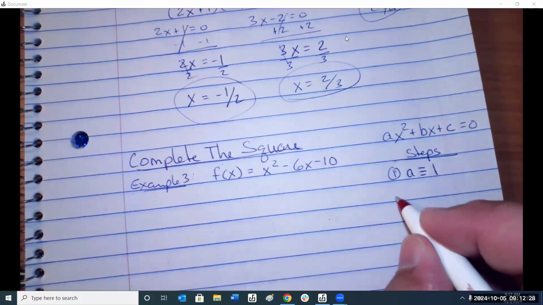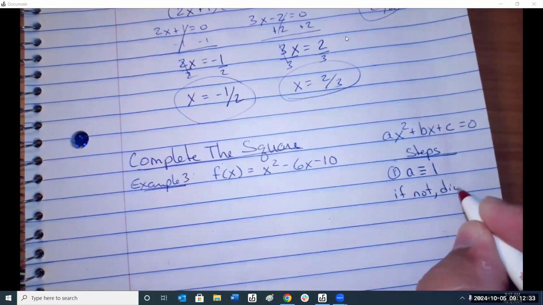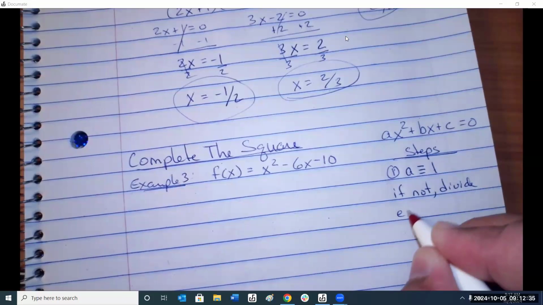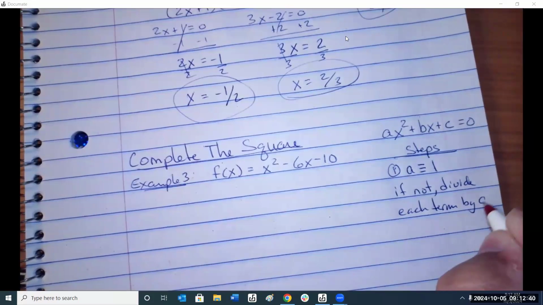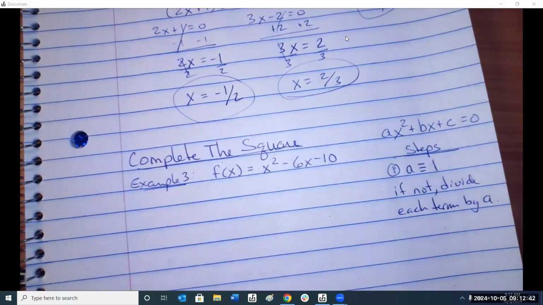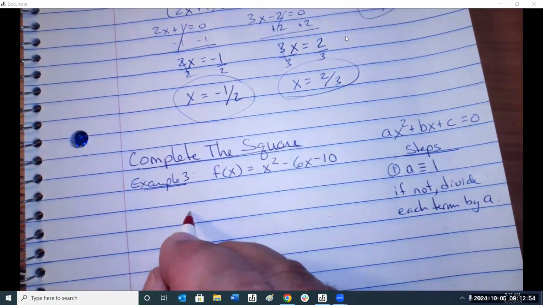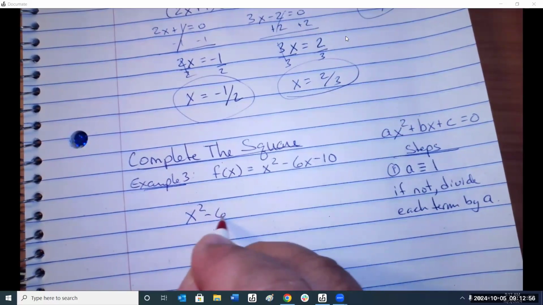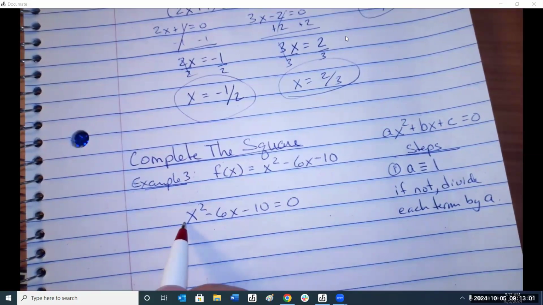If it doesn't, divide each term by a. So that's very important. The leading term has to be 1 for this method to work. So we have here x squared minus 6x minus 10, set it equal to 0. Leading term is 1.